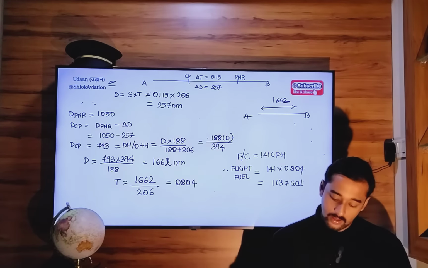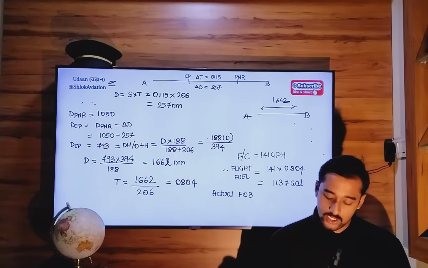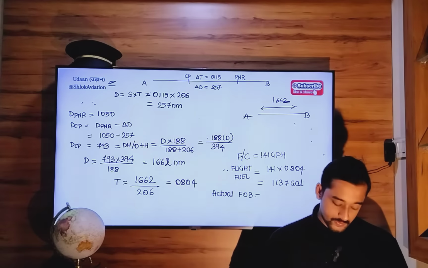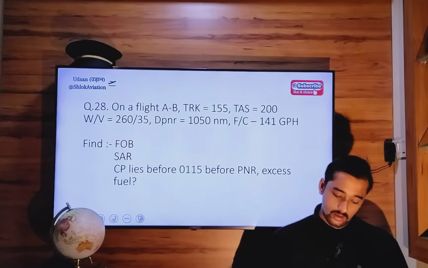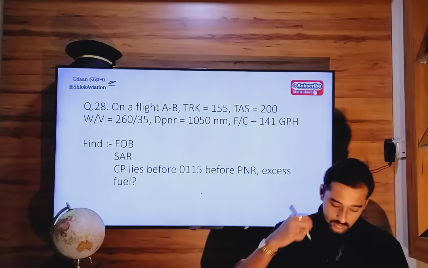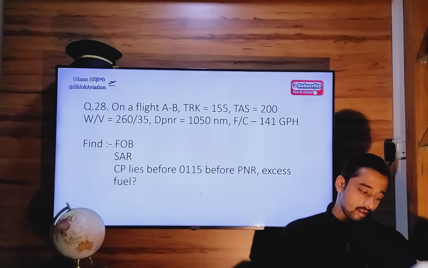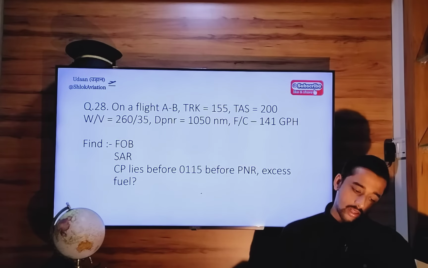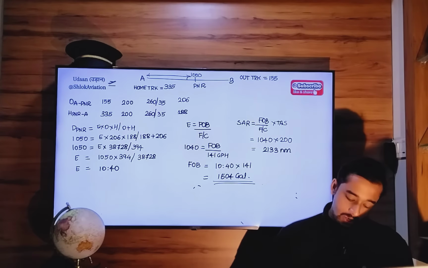Now actual fuel on board is how much? It's given in the question. So actual fuel on board that we have found out is 1504 gallons.